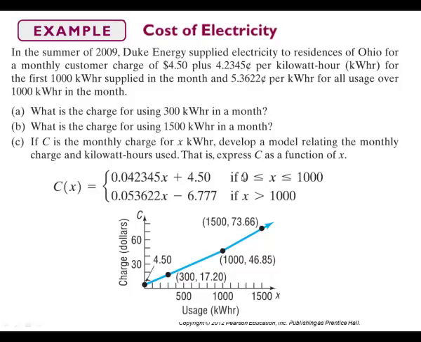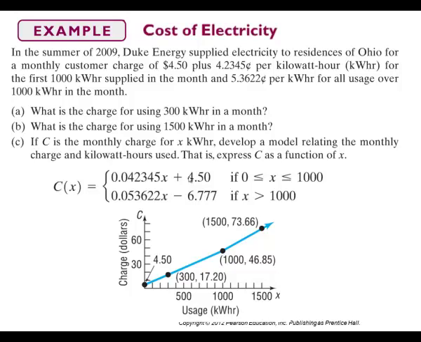Well, 300 falls in between 0 and 1,000. So that would be here on the graph. Here's 300, and so we would use the first equation because 300 falls in between 0 and 1,000. And so we would get 17.20 out. Let's try that.